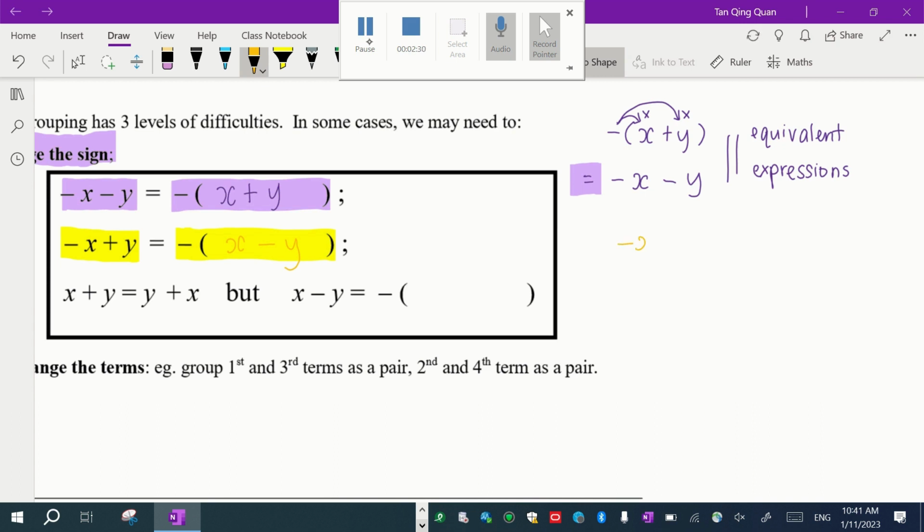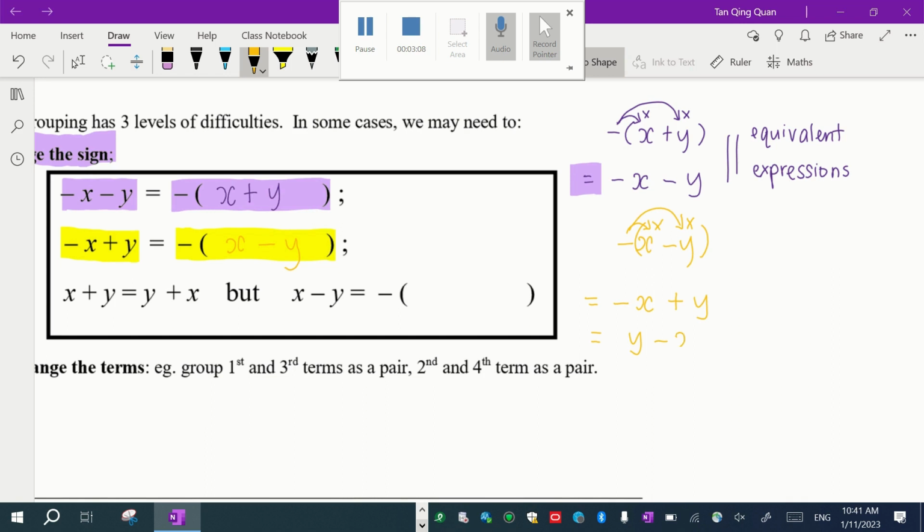So negative bracket x minus y, doing the same, I'm going to expand and simplify. Negative 1 multiplied by positive 1x, negative 1x. Negative 1 multiplied by negative y, negative times negative will become positive.